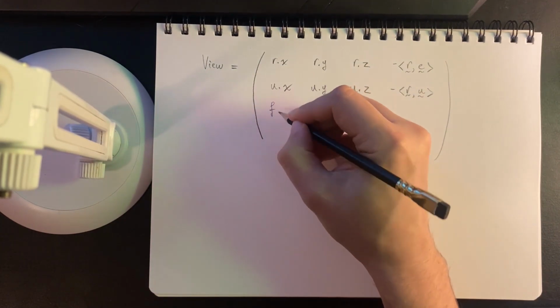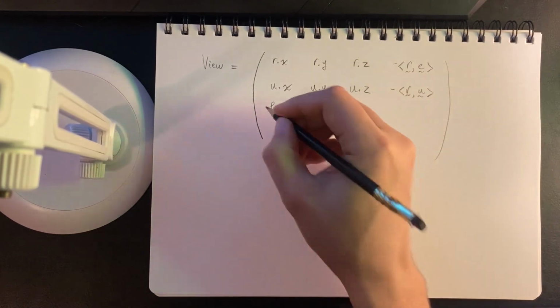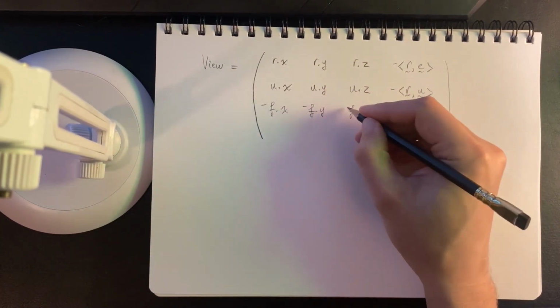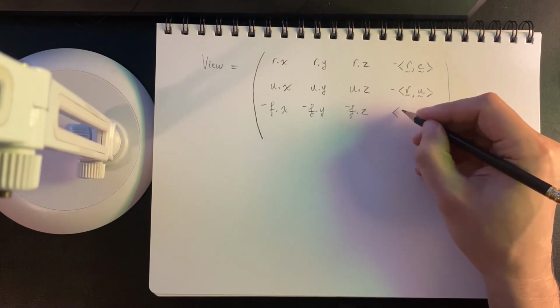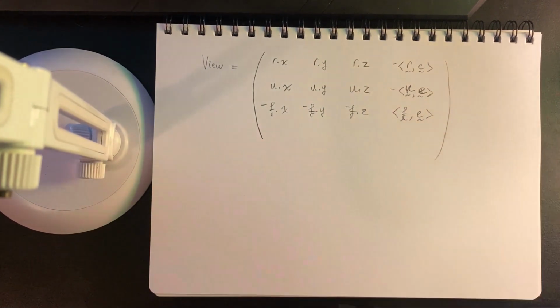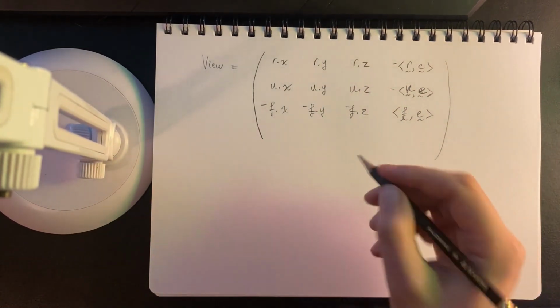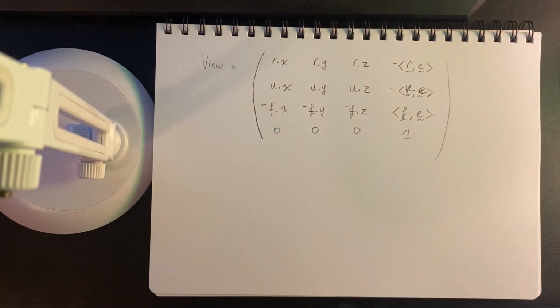So instead of forwards X, forwards Y, forwards Z, I'm going to apply a negative onto those to flip it around. And then instead of the negative dot product, I'll just have the dot product. I'll flip the sign on that. But otherwise, that is it. That is the view transform.